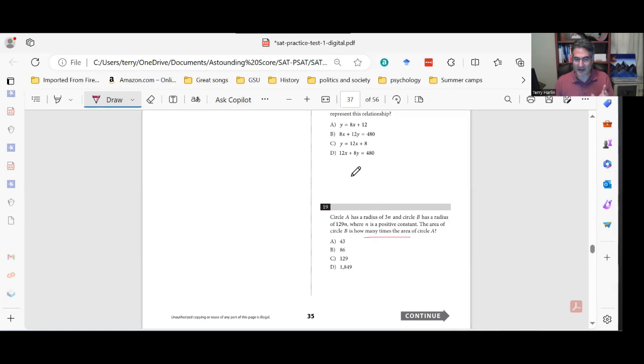Well, we know that area is two-dimensional, right? So we're not just going to divide the big number by the little number. We have to do that first, but then we're going to multiply it by itself, square it. So to do this quickly, I'm going to round 129 off to 130 divided by 3.